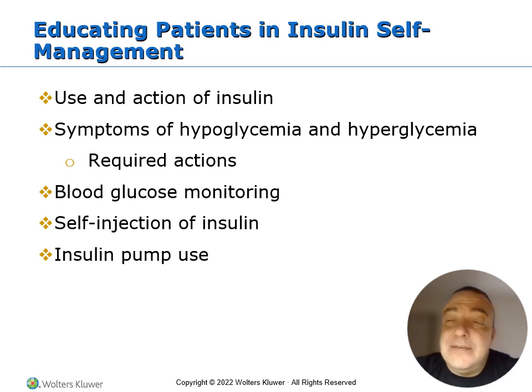For hypoglycemia, always keep a sugar, a candy, something on your person, in your pocket. So if you go hypoglycemic or you start feeling that way, you have something you can correct it with very quickly. And hyperglycemia needs to be treated rapidly as well.